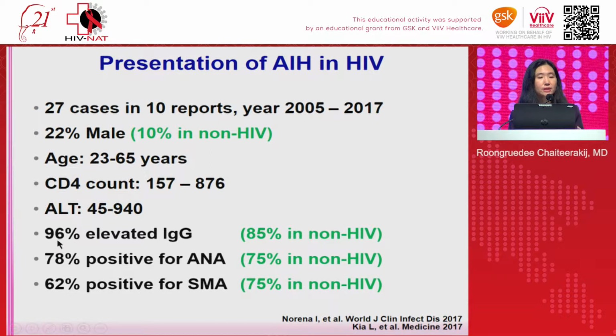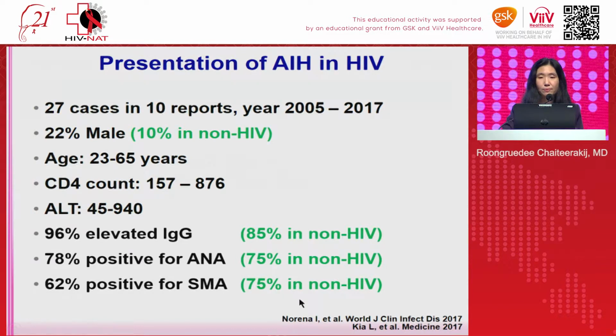The proportion is 96%, which is much higher than in non-HIV patients. ANA was present in about 78% of the patients with HIV, and this number is comparable to non-HIV patients. The presence of smooth muscle antibody was found in about 60% of patients. This is lower than in non-HIV AIH patients.